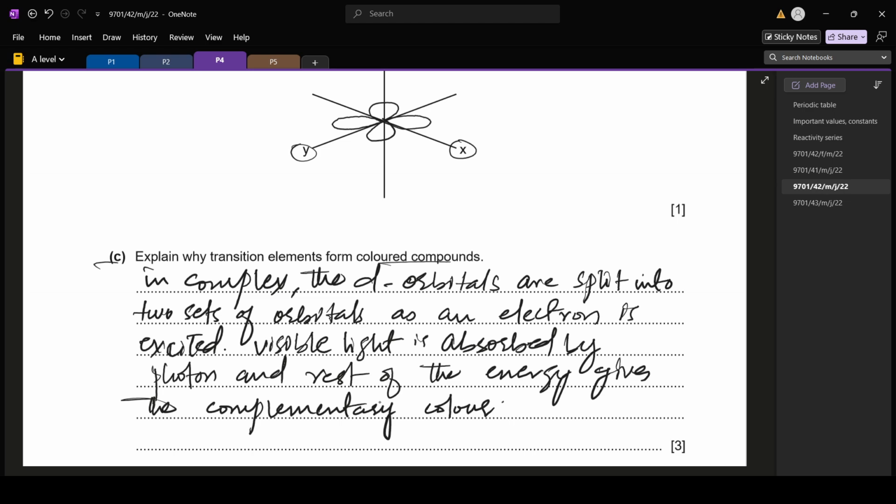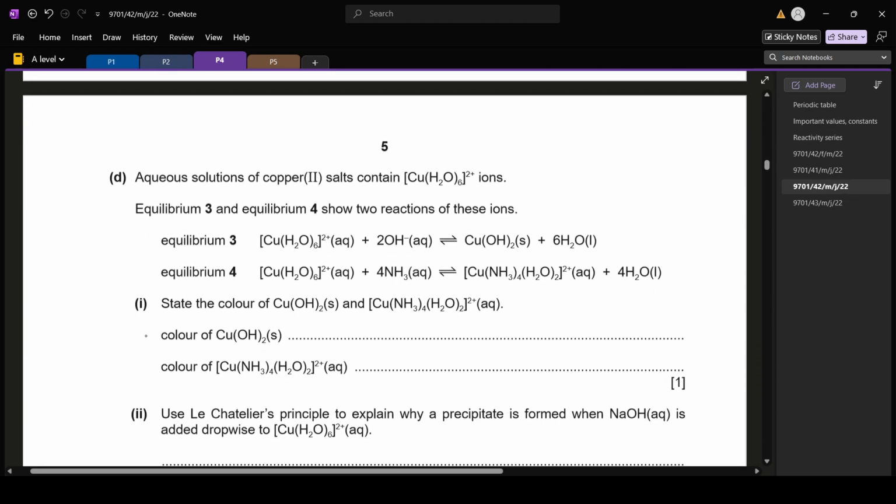So this is your reason. Moving towards the next part, part D.